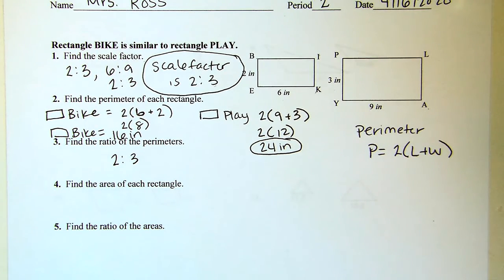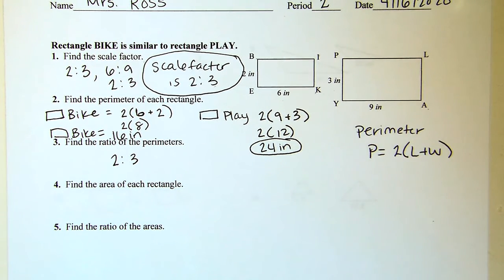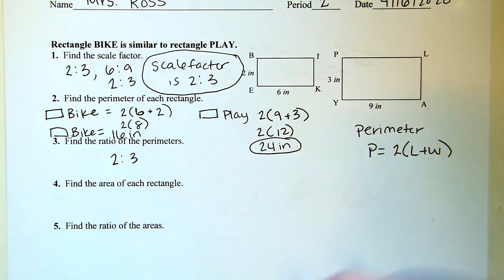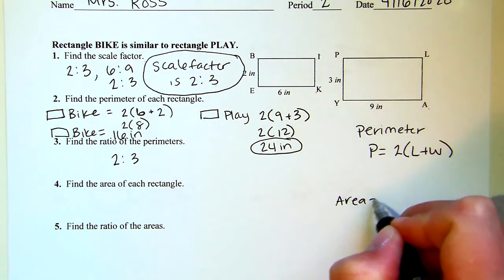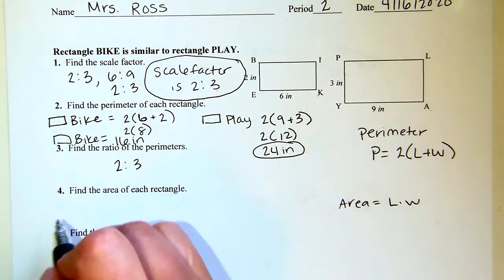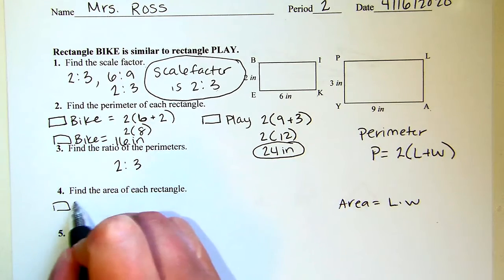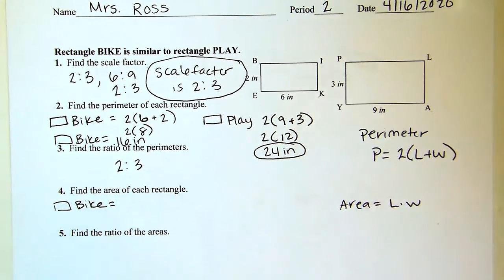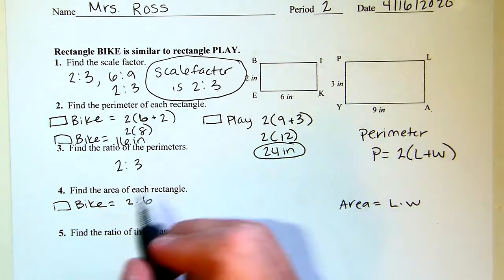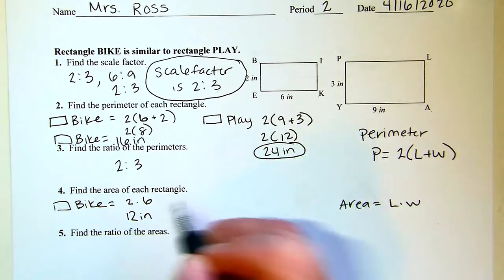Next, we're going to find the area of each rectangle. Area is length times width. So in this case, for my rectangle bike, my area is going to be 2 times 6, which is going to be 12. Now this is going to be 12 inches squared.